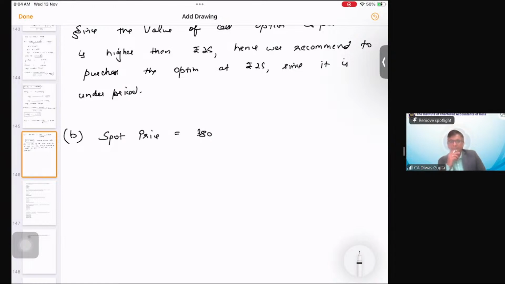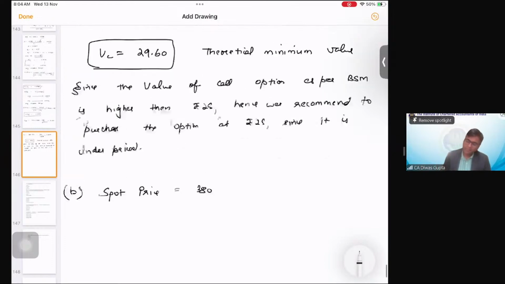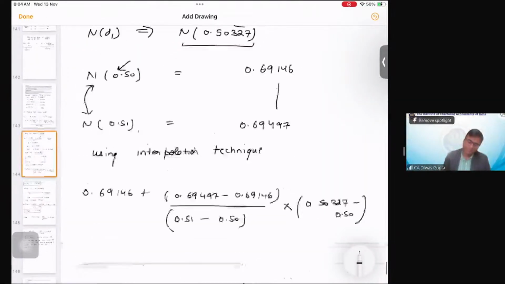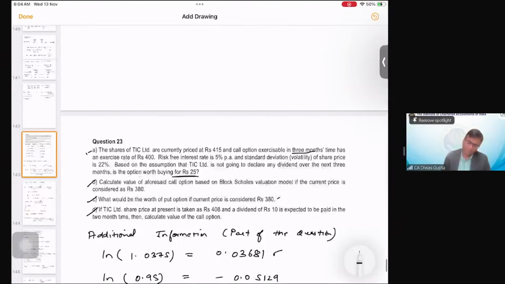In the A part also, the current price was supposed to be 380. No, why are you saying that? It was supposed to be 380.